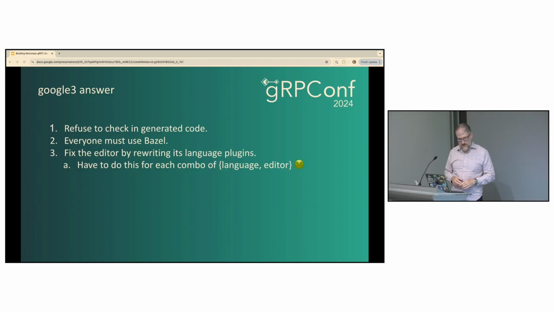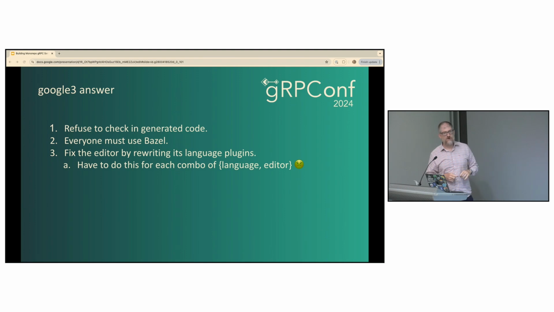And there are a couple of ways that you could potentially solve for this. The one that happens in Google is the following. Number one, we hate generated files. We never want to see them. .pb.go belongs somewhere in Bazel's, there's a temp directory that nobody ever sees. That's where it goes. Now that means everybody has to use Bazel because that file is not in the place that any other tools are looking for it. So I've just broken you running go build or whatever.